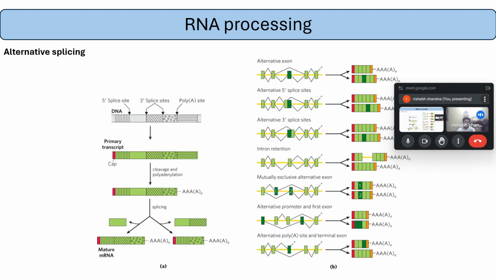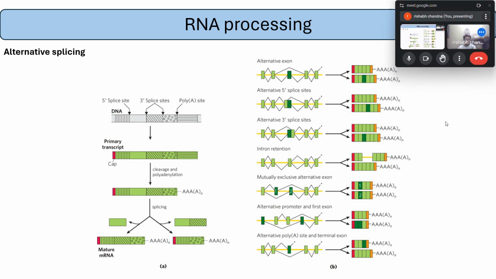Now moving on to the alternative splicing process. As we discussed, in different organs, different proteins are formed in different amounts and different structures. This particular alternative splicing process helps in forming different lengths of the same protein in different organs.